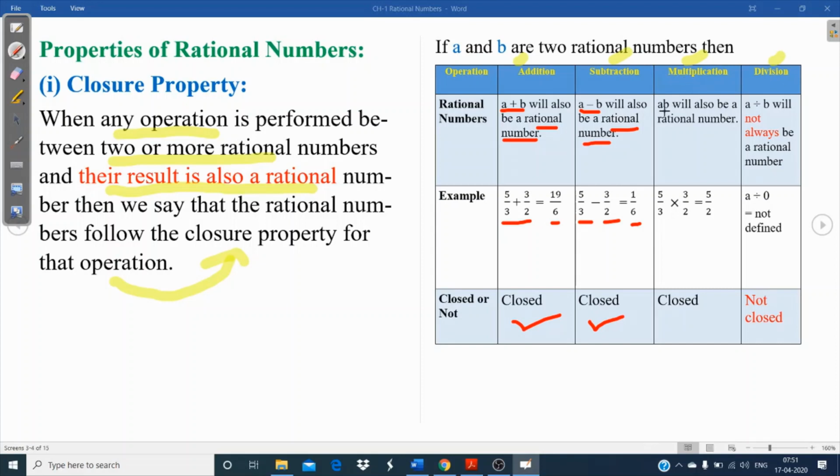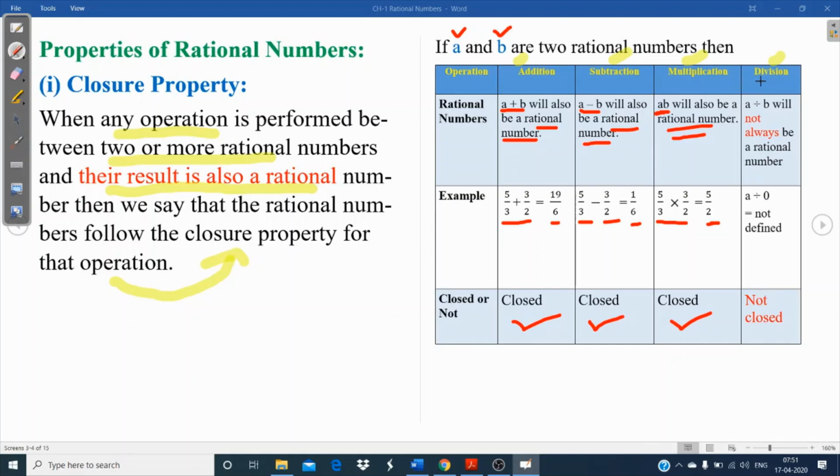Next is multiplication. Whenever you are multiplying two rational numbers, a and b, that we have assumed, you will get a rational number as a result. With the example also you can see two rational numbers are multiplied. Surely you will get a rational number. So it is closed under multiplication also.